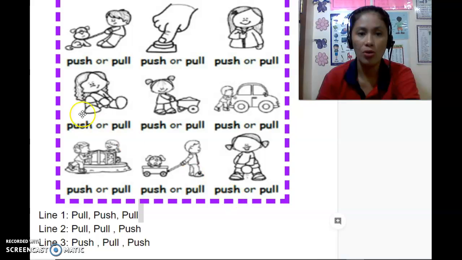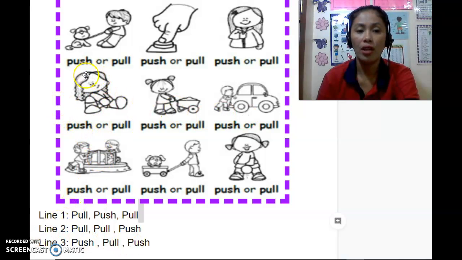Okay, let's review. So this is line 1, line 2, line 3. For line 1, the first picture is pull. The second picture is push. Third one is pull. How about line 2?